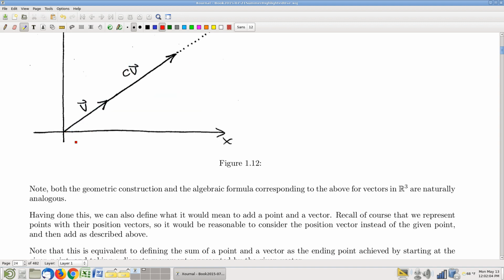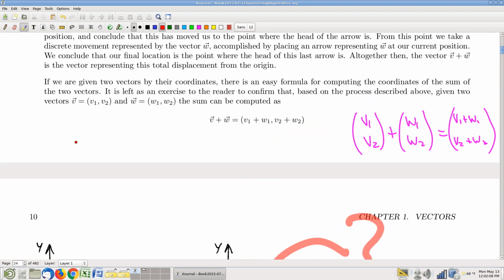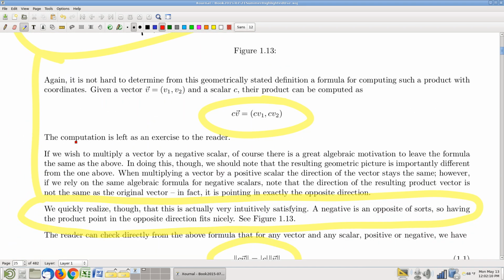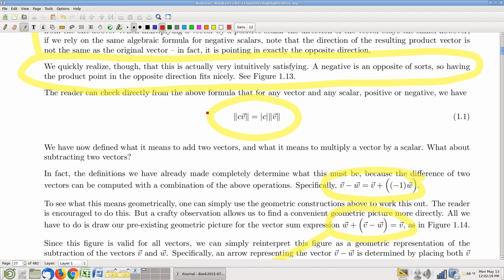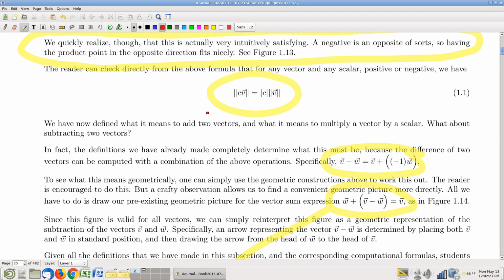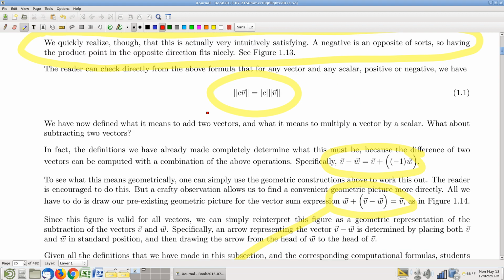Not hard to persuade yourself of the formula. Here, you get this formula. Okay, and since we are kind of out of time, I am going to do one last thing, and that is to talk about subtraction. What should it mean to subtract two vectors?